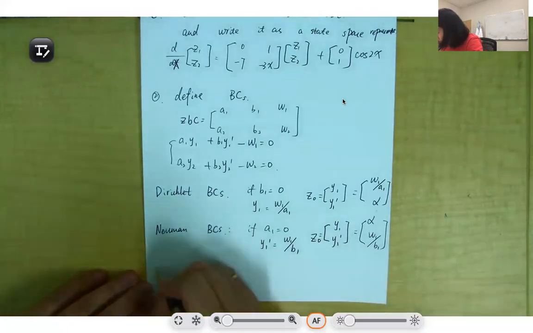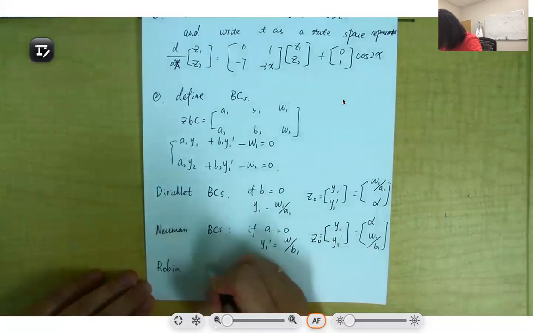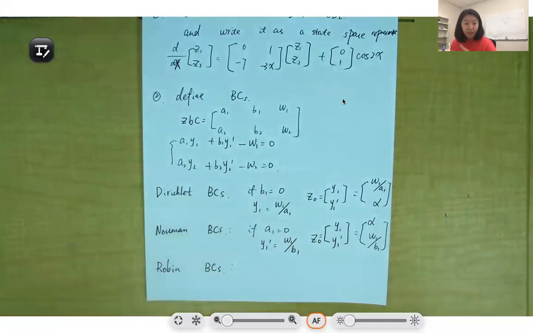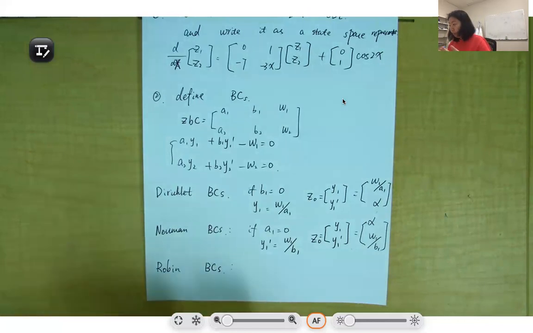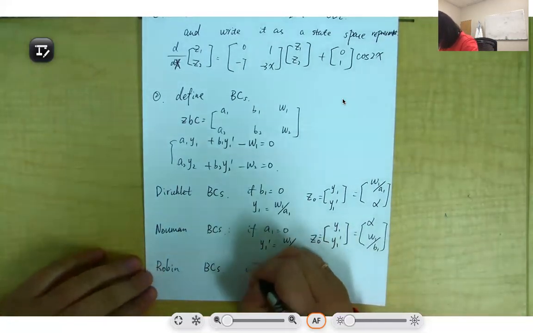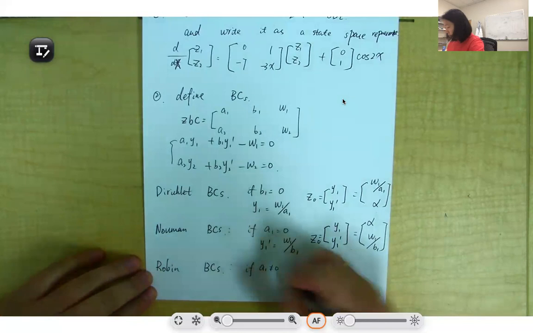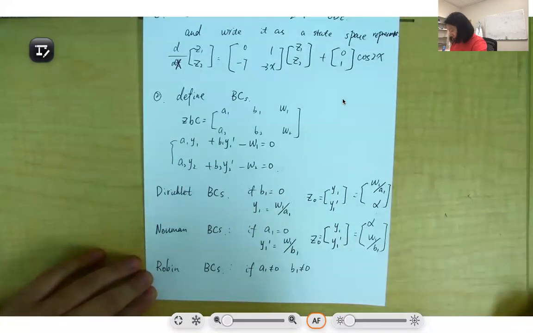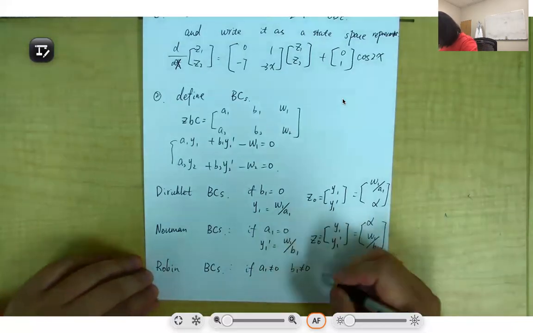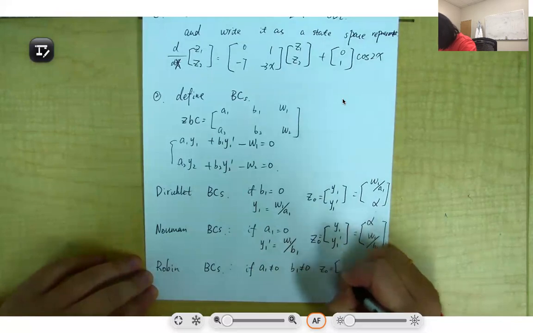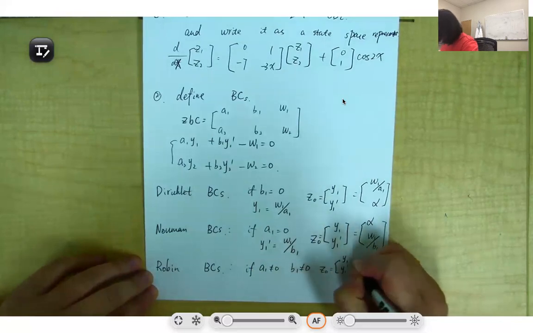You may also have Robin boundary conditions. Robin boundary conditions mean that you have a mix of y1 and y1 prime, or y2 and y2 prime. That means A1 is not equal to 0 and B1 is not equal to 0. Then for example, z naught will be y1, y1 prime, still the same.